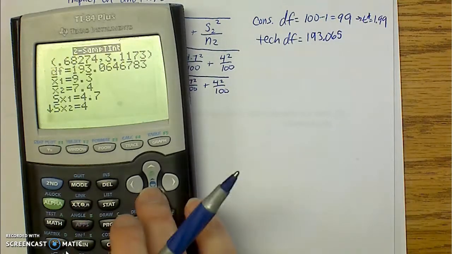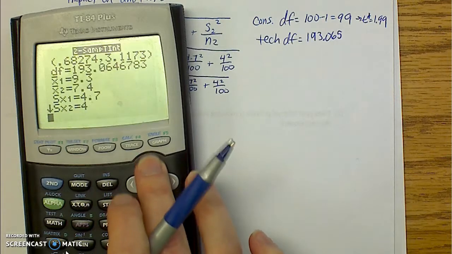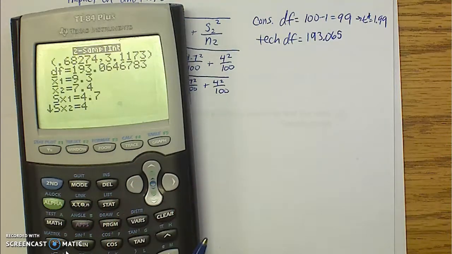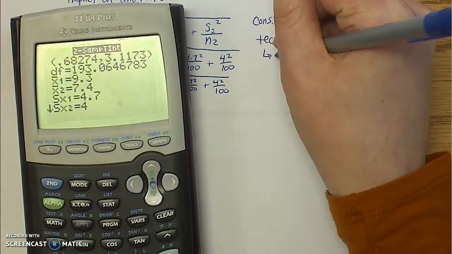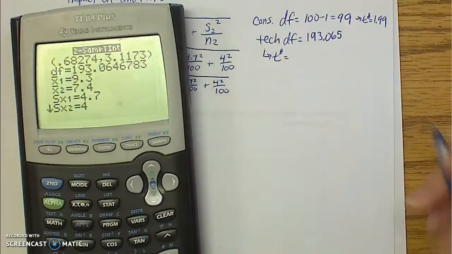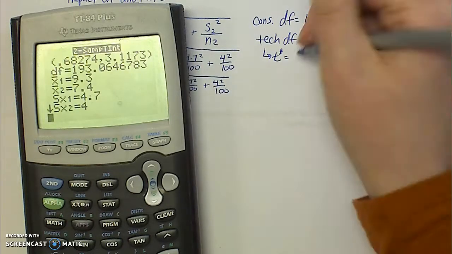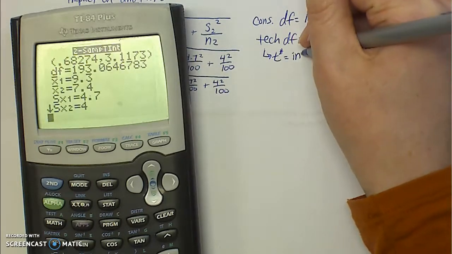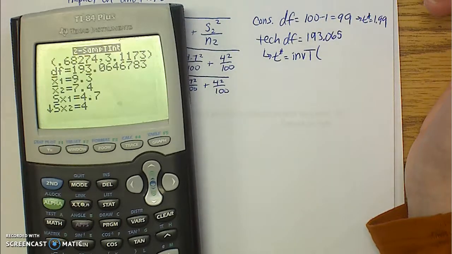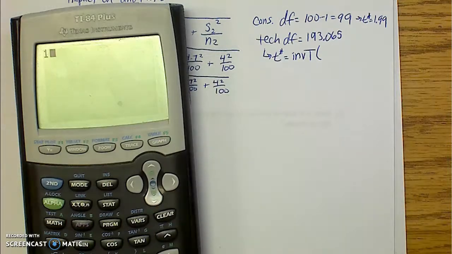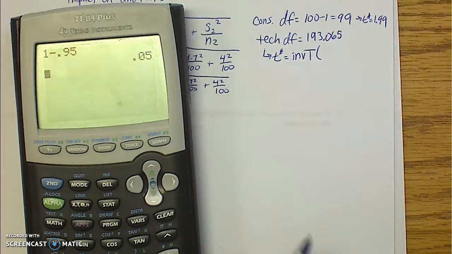And then if I scroll down, oh no, I thought it told me my t-value. It does not. So I need to find my t-value. And how do I find my t-value? We don't technically need to know what our critical value is for my t-star in this case, since the calculator does it for us. But if you're interested in knowing, we're going to do our inverse t using, so if it's a 95%, so that would be 1 minus 0.95 divided by 2.